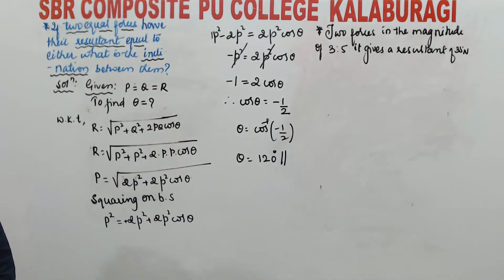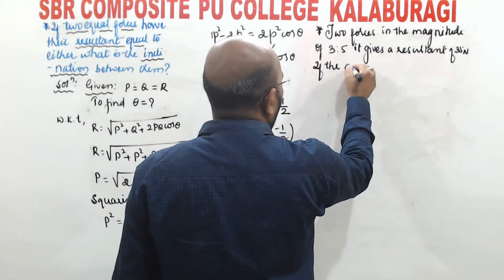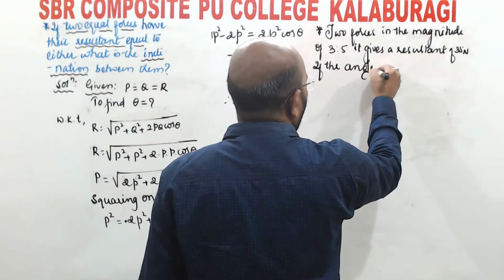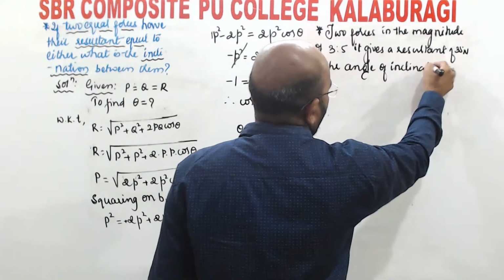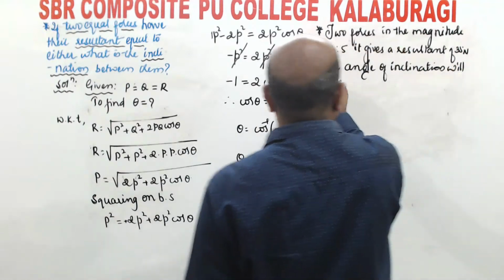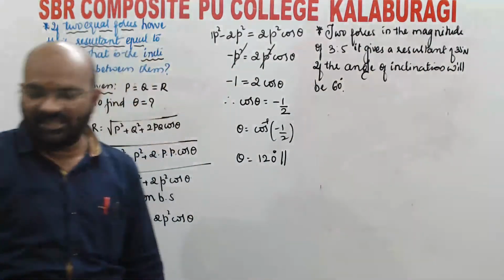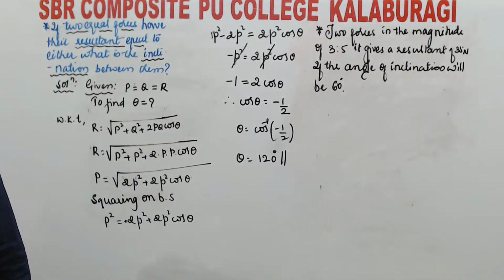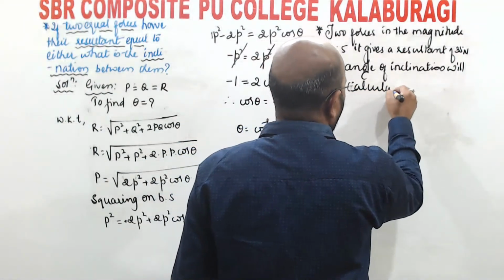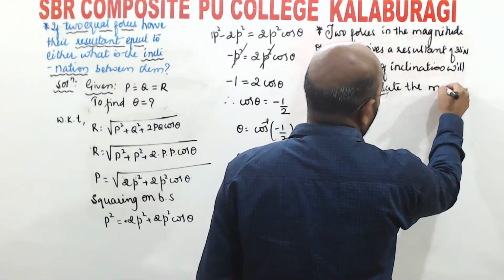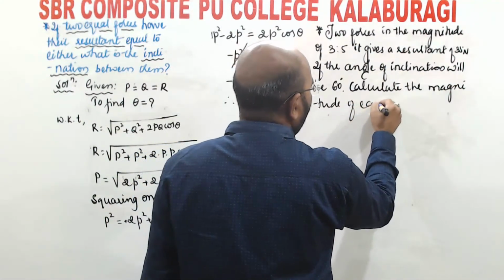If the angle of inclination is 60 degree, calculate the magnitude of each force.